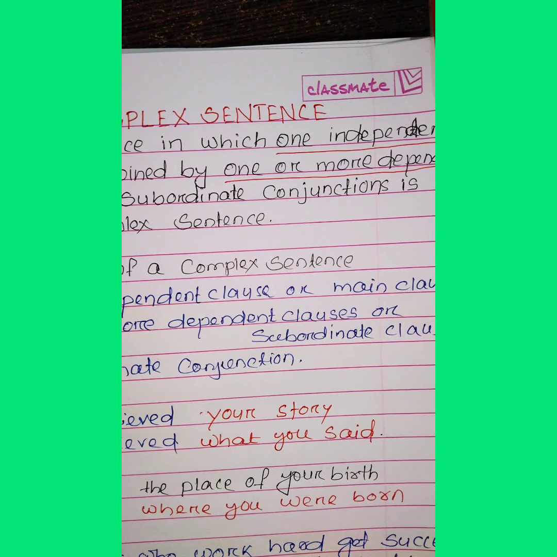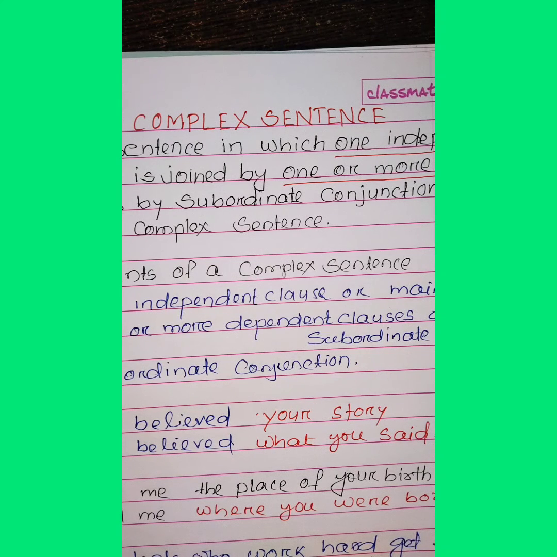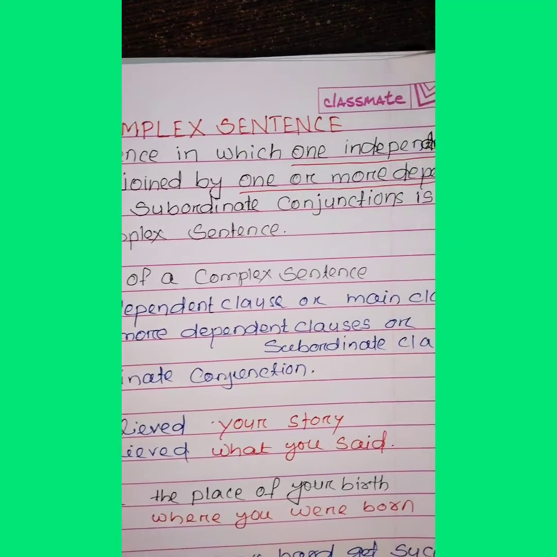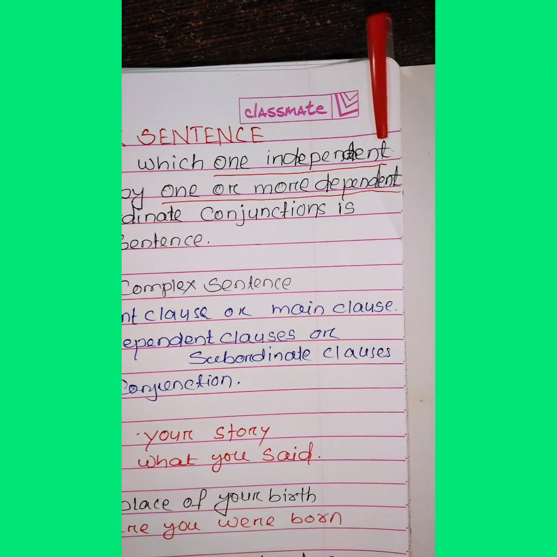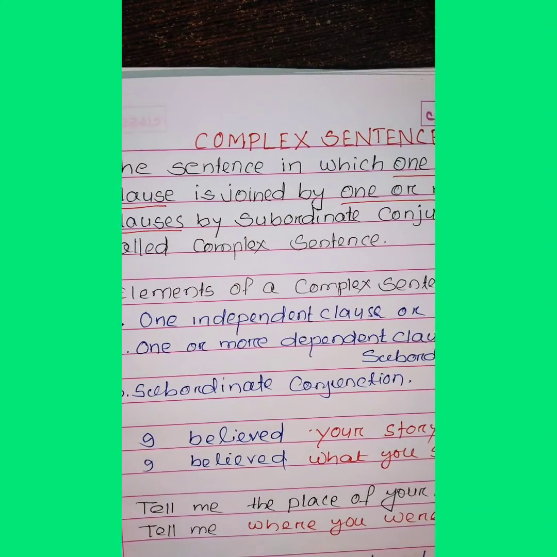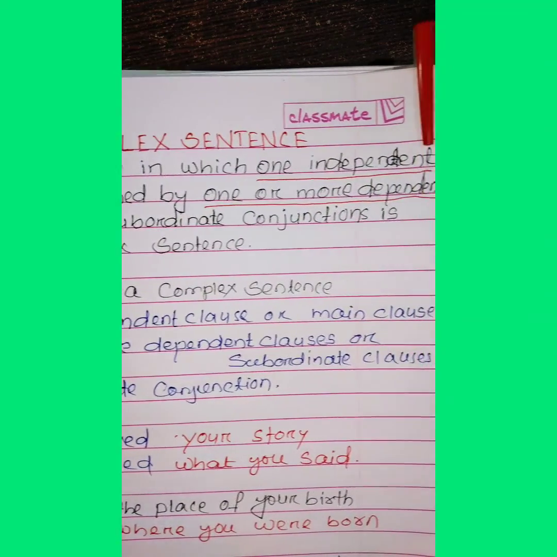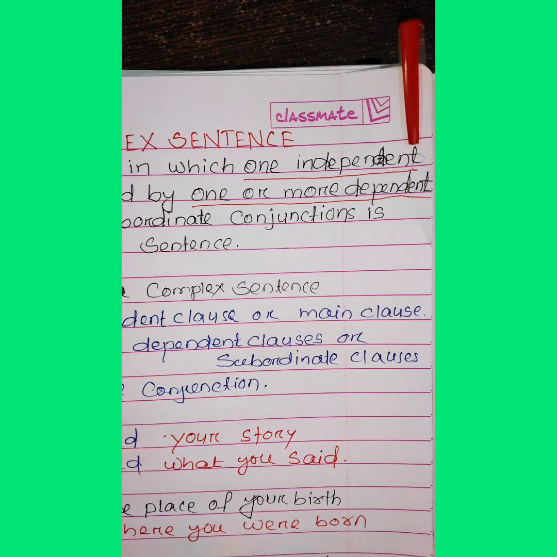If we analyze a complex sentence, then we get three main elements. The first one is one independent clause, otherwise known as the main clause. Independent clause is known as the main clause. Then the second one is the one or more dependent clauses, and dependent clauses are otherwise known as subordinate clauses.